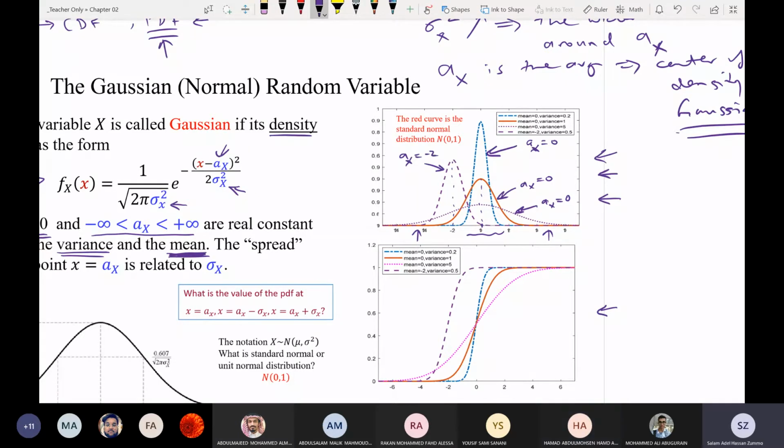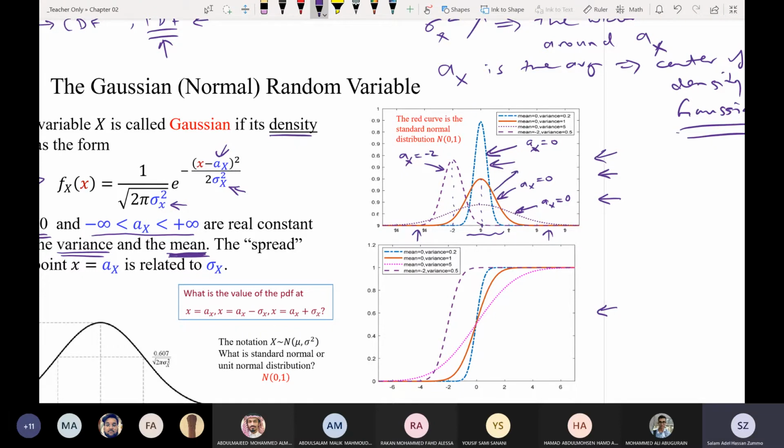So from plotting the Gaussian distribution or density, you can see clearly where AX is. AX is the average. Now from the graph I cannot measure exactly what the variance is. However, I can compare the variance of this one and the variance of the red one.